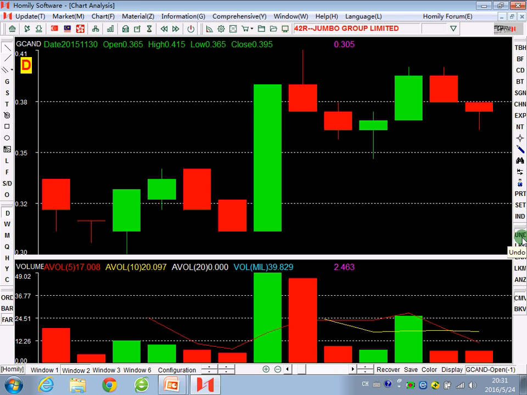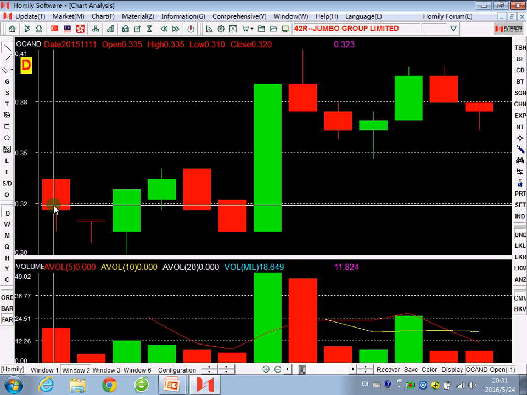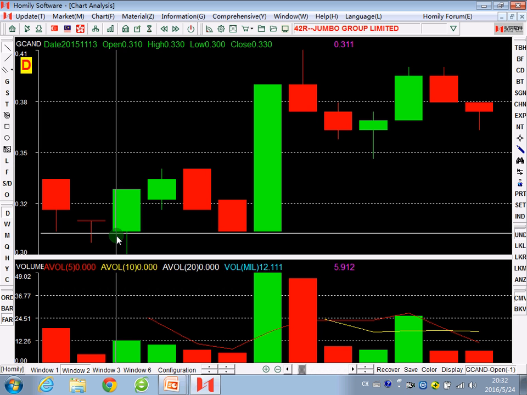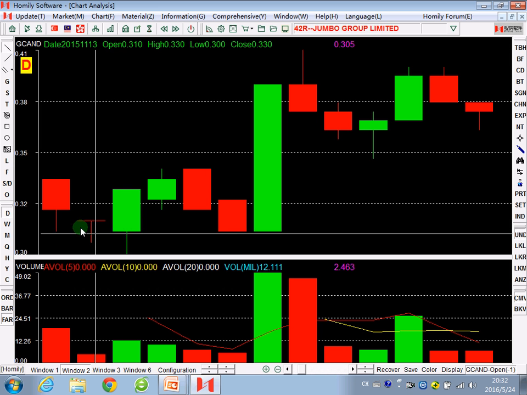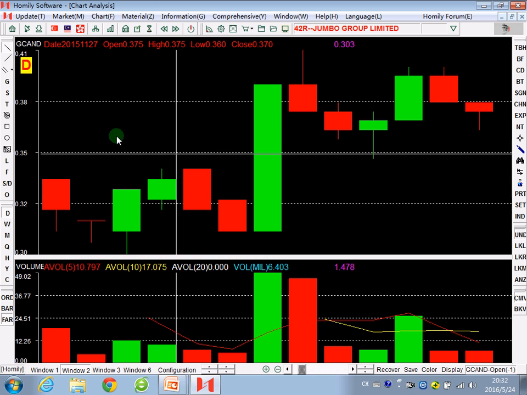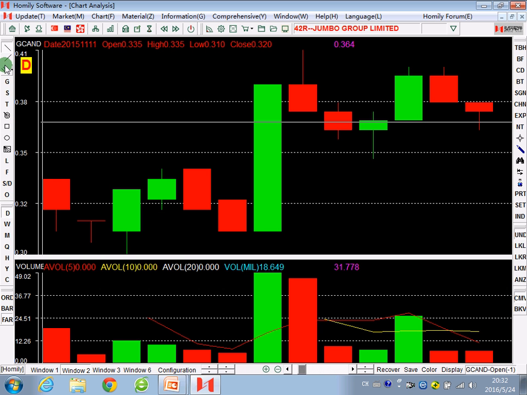So we can see this one. This one is 1, 2, 3, right? Okay, it's confirmed, right? Because the low price is lower than this one and then this one. Then this is down the count back line. Then we can draw the line.